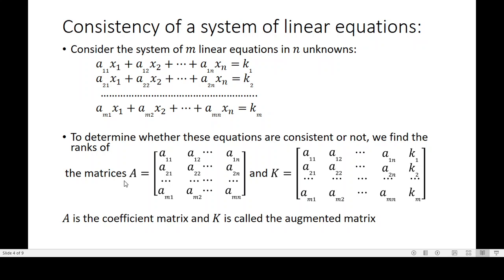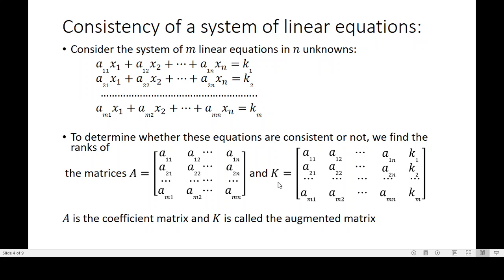If the rank of the coefficient matrix is equal to the rank of the augmented matrix, then the system of equations is consistent. If rank of A is equal to rank of K is equal to n, that is the number of unknowns, then the equations are consistent and the solution is unique.